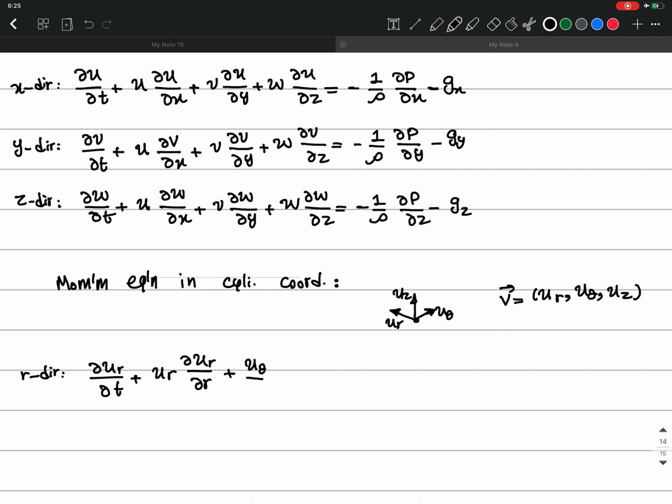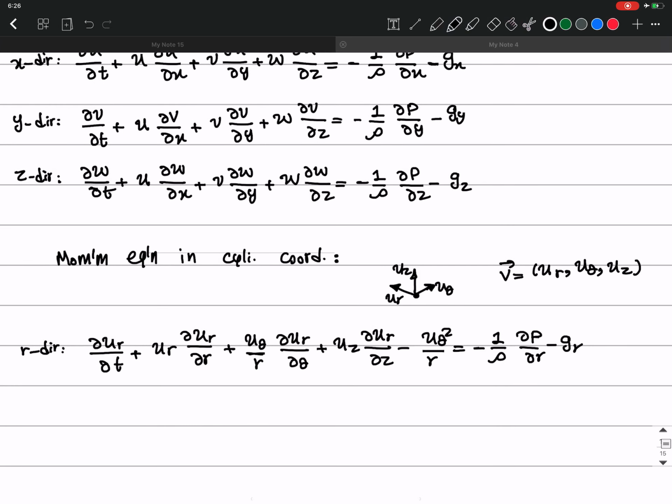It's going to be u theta over r partial ur over partial theta plus uz partial ur over partial z minus u theta square over r equals to minus 1 over rho partial p over partial r minus gr.